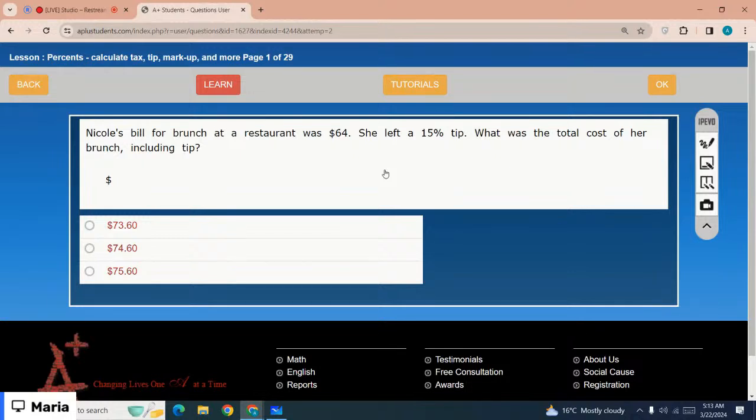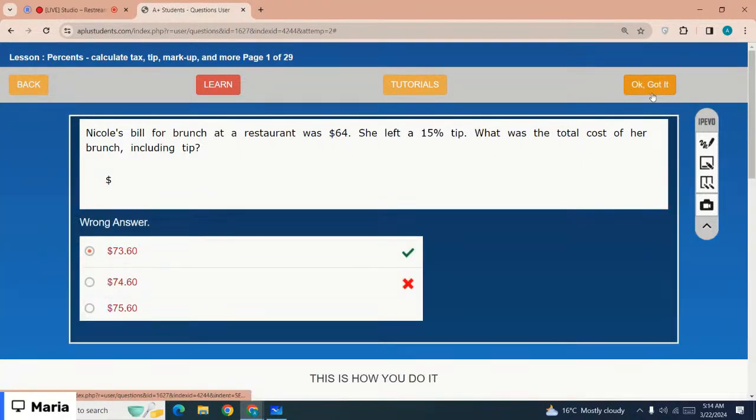The correct option is 73.60, right? Okay, sorry, I forgot the answer.